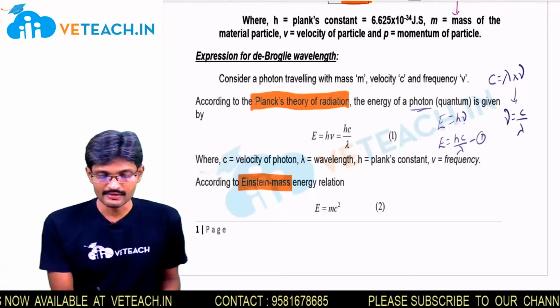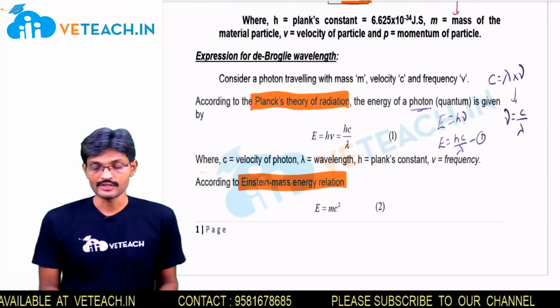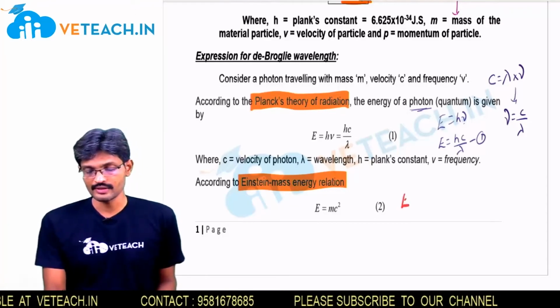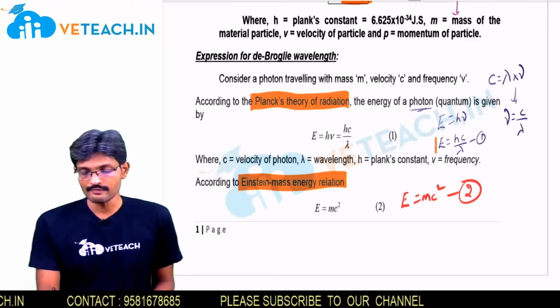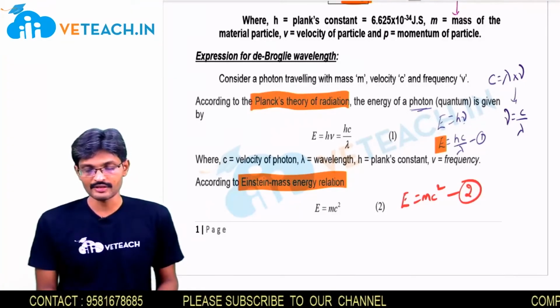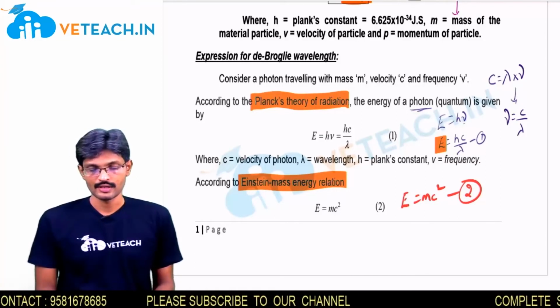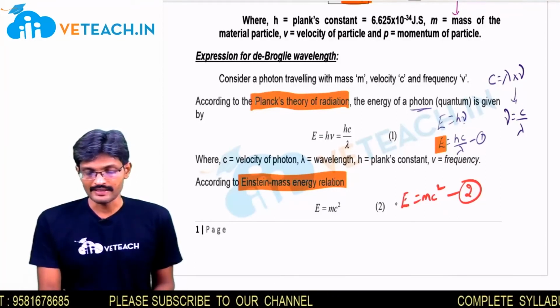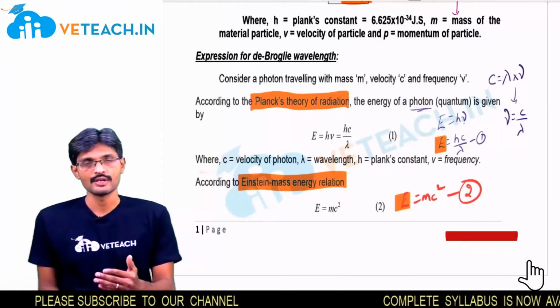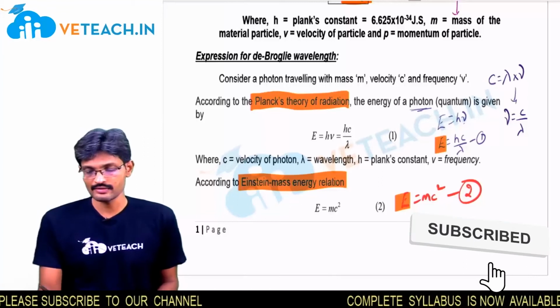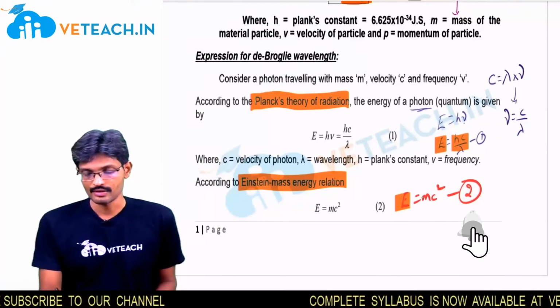From Einstein's mass-energy relation, the energy of the photon is E = mc². The energy E from Planck's theory of radiation represents the energy of the photon, and E from Einstein's mass-energy relation also represents the energy of the photon. So, from equations 1 and 2, the LHS are equal, so the RHS will also be equal.